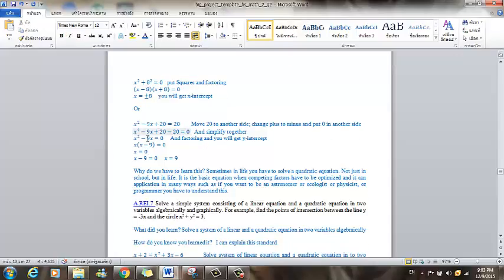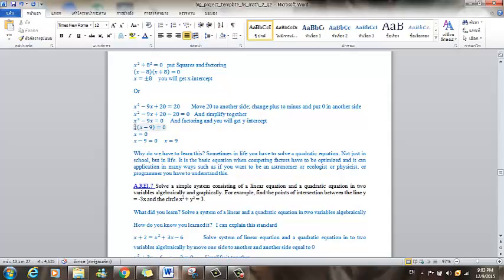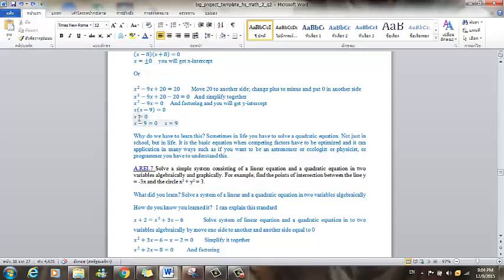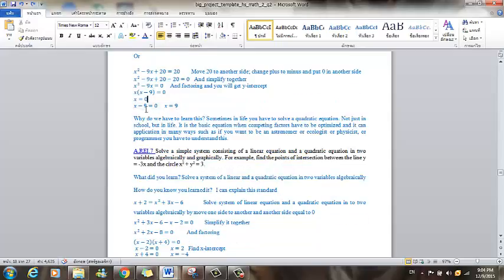Simplify together and we get this equal to 0, and then you factorize and this is how to get the x-intercept. This is factorizing, equal to 0, and then you get x equal to 0.